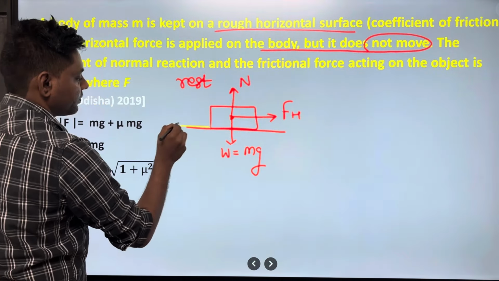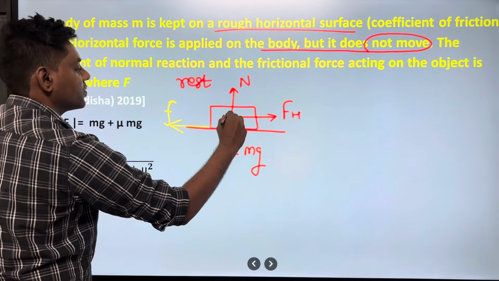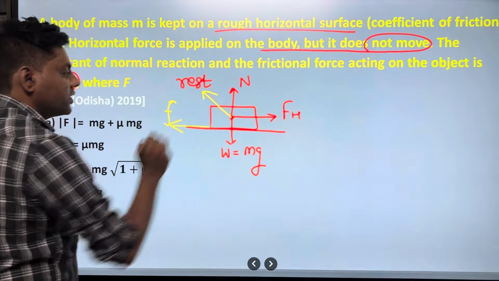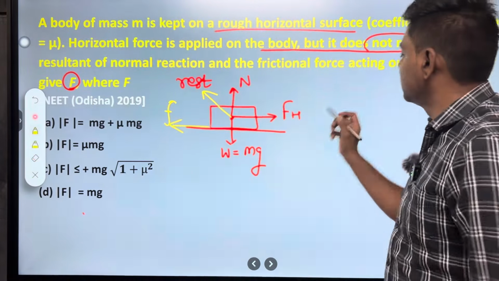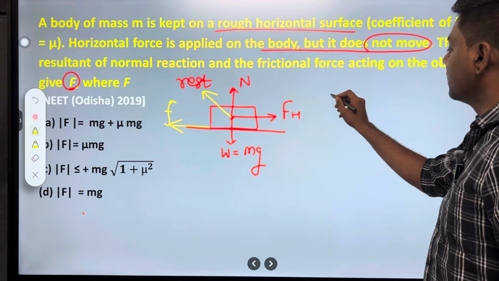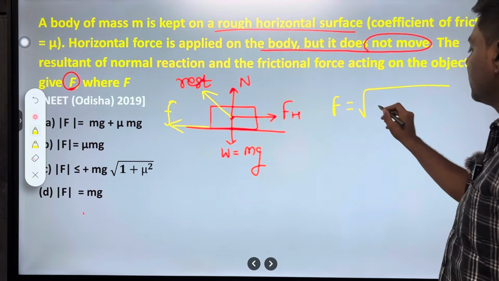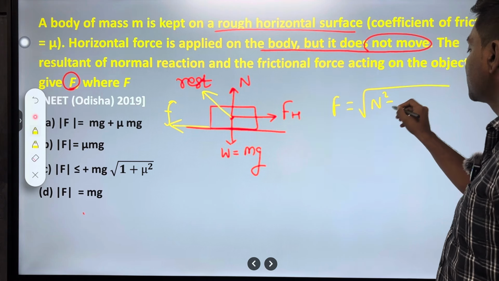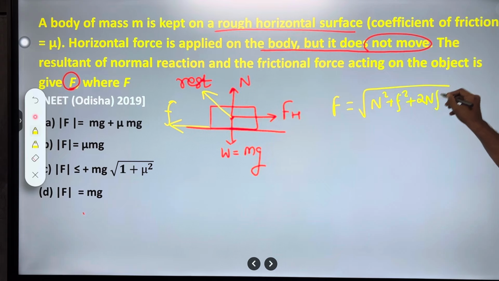This is the frictional force, and we have to calculate the resultant force. The resultant force is very simple. According to the vector law of parallelogram, the resultant force F equals under root of N square plus f square plus 2 N f cos theta.